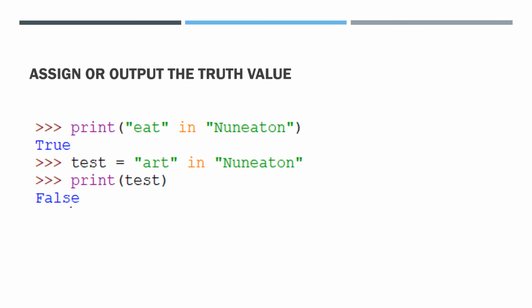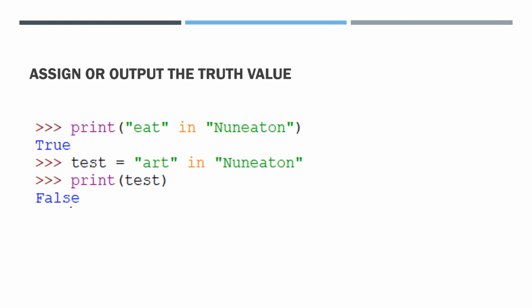You can assign the true or false value to a variable, or you can just print it out. In this first command, I've told the computer to print out the value of whether the word "eat" is in the longer text string "noneaten". That's obviously true, so the computer's just printed out the word true.